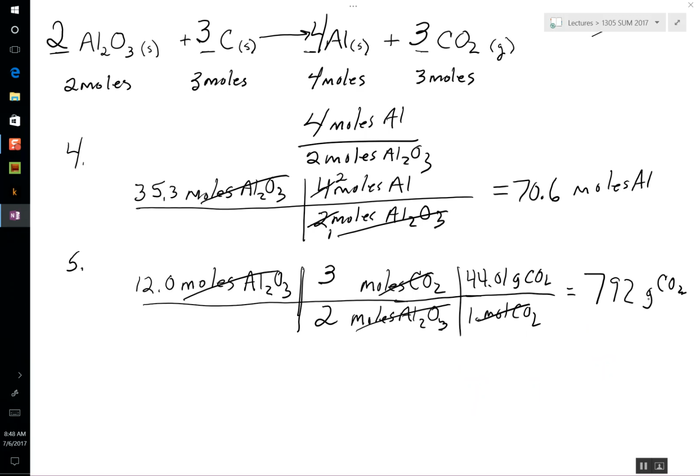Agree with that? We get 792 grams of carbon dioxide. Okay, number 6.